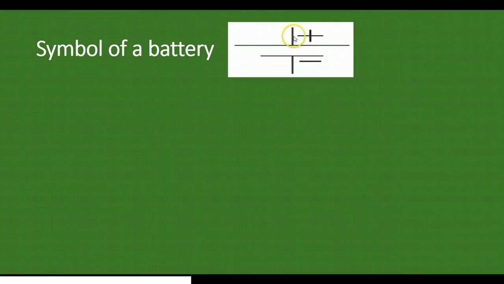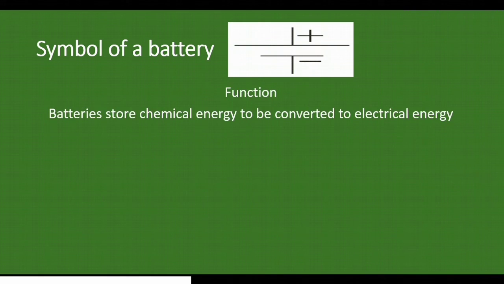We have the positive side here and then the negative side, as you can see. So what is the function of a battery? Batteries store chemical energy to be converted into electrical energy. That is the primary function of a battery.